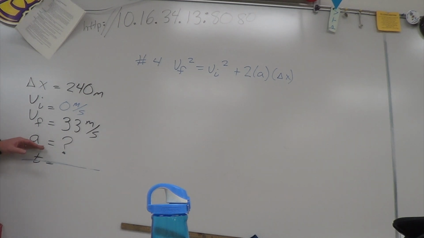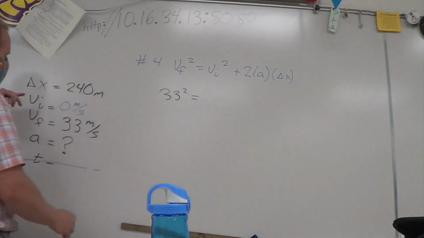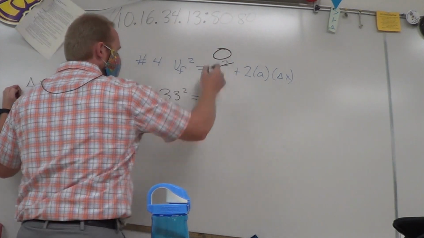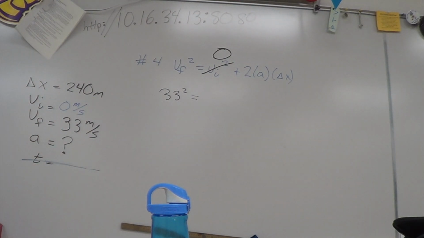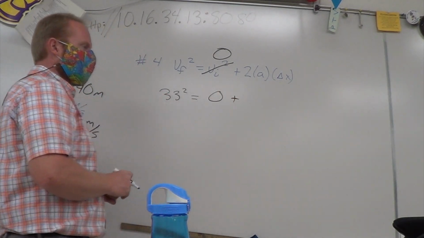So using equation number 4, we're going to solve for acceleration. My final velocity is 33 squared. My initial velocity was 0. And like I said, I often like to go into my original equation and cancel out that term ahead of time because it's a 0. It's up to you whether you write 0 plus. A lot of times I won't.